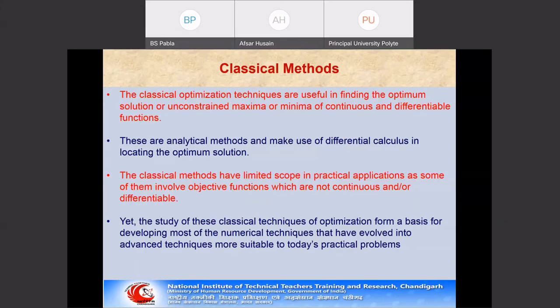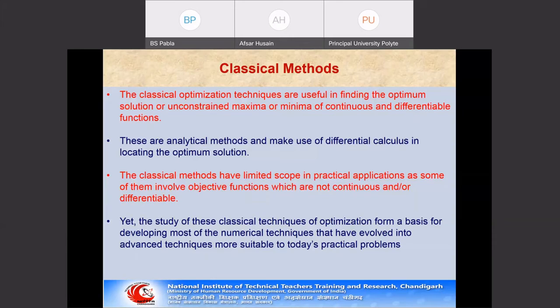And they require that if you want to have a minimum or maximum of a function, it should be continuously differentiable. Whereas in practical problems, the function may not be continuously differentiable. So then these classical optimization techniques fail.